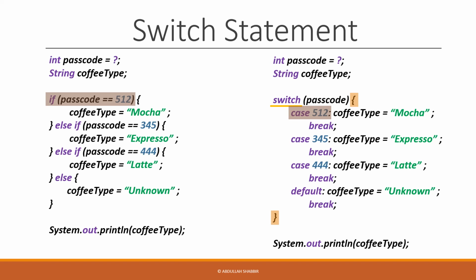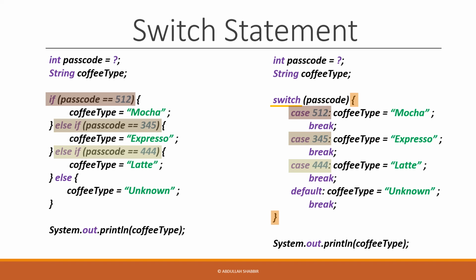And that's the same thing we did in our first if. But if our passcode is not equal to 512, then we'll move on to our next case just like we'd move on with our next else if. And case 345 and case 444 correspond to our else if code. This case checks for passcode equal to 345.